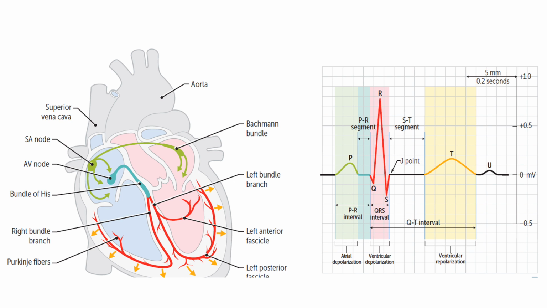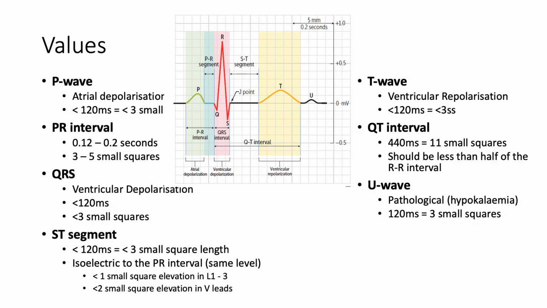The QRS complex involves your bundle branches, which is wide in a bundle branch block. And then your Purkinje fibers and the repolarization of the ventricles is encompassed in your T wave. So this picture is just a good reference.